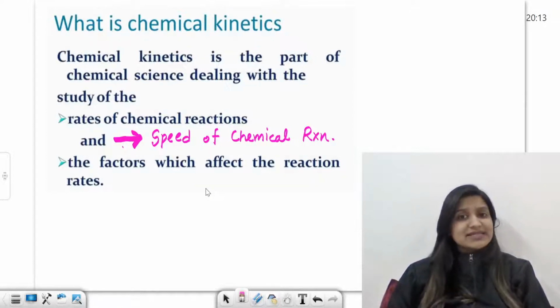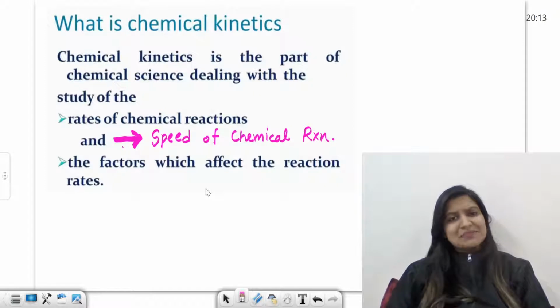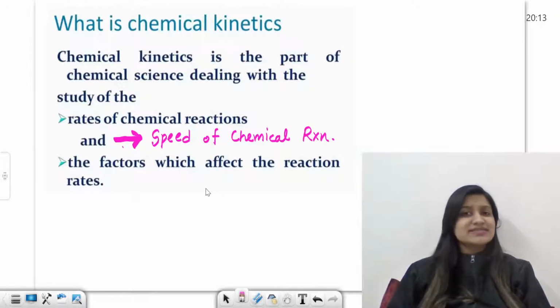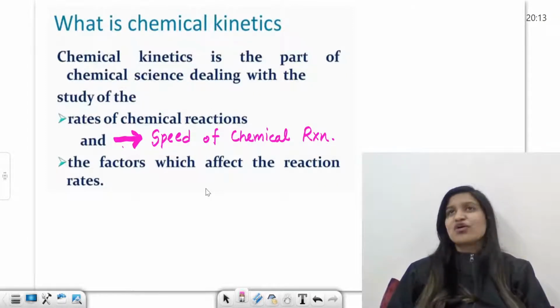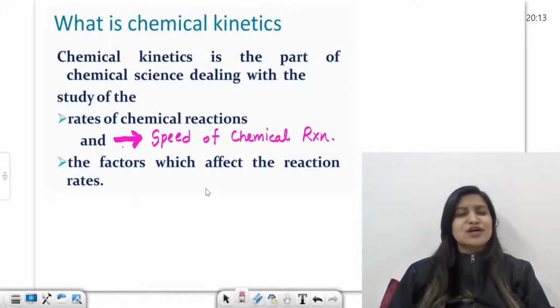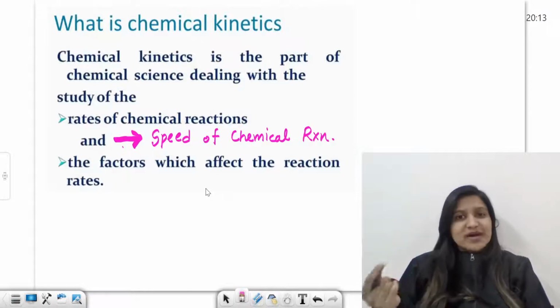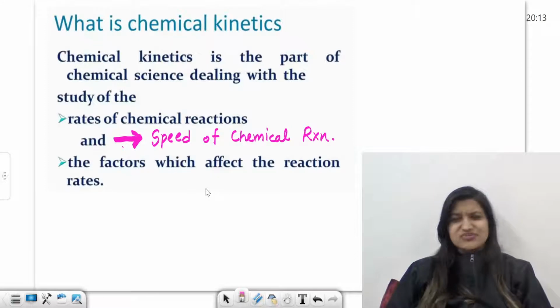And another thing, all the processes which are happening around us, whether it's rusting or aging or photosynthesis, are represented with the use of a chemical equation, right?